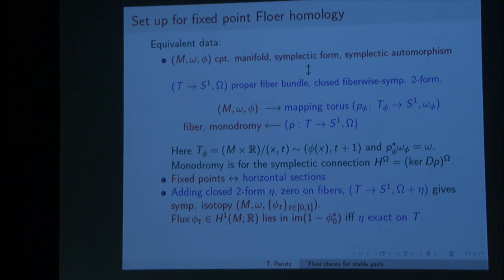I'm going to describe a fairly simple dictionary. So one can think of the following data. You take a compact symplectic manifold (M, omega) together with a symplectic automorphism phi. I've written that in red, and subsequent things written in red are related to that.